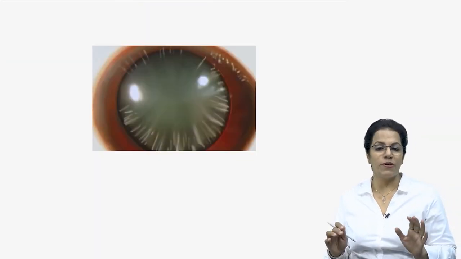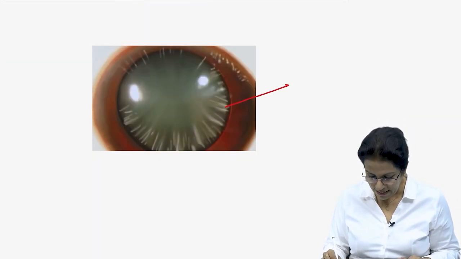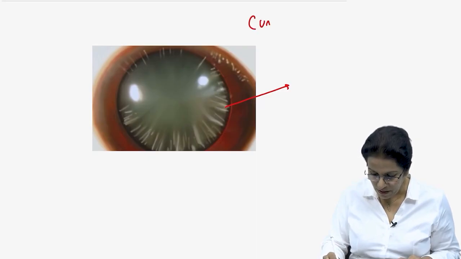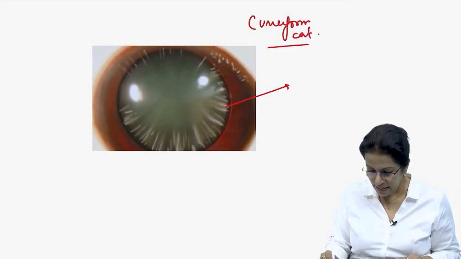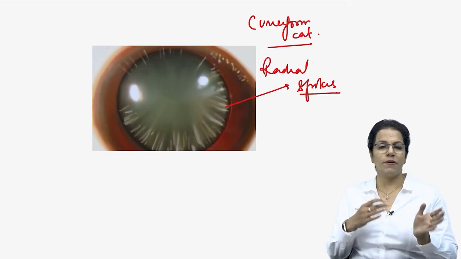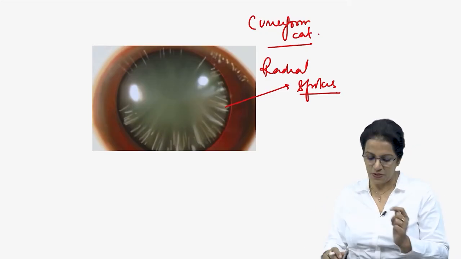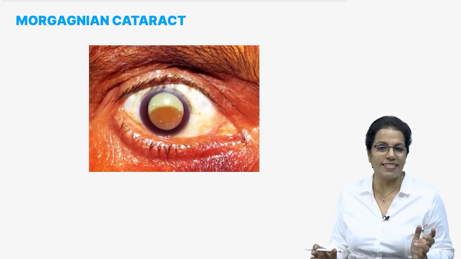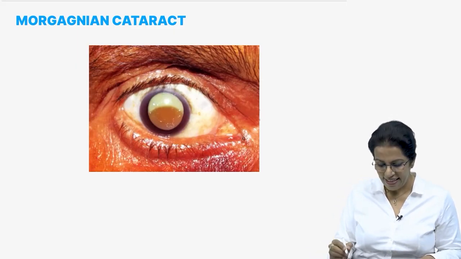Here again you are looking at these peripheral opacities, and what did I tell you? This is what is called cuneiform cataract, or the radial spokes. We call it radial spokes. Okay. And later it will develop into immature, mature and hypermature. Okay. Then next is Morganian we were talking.